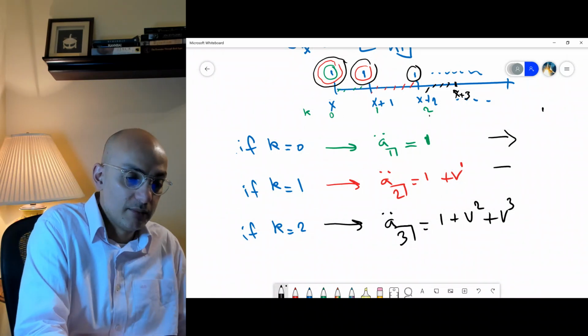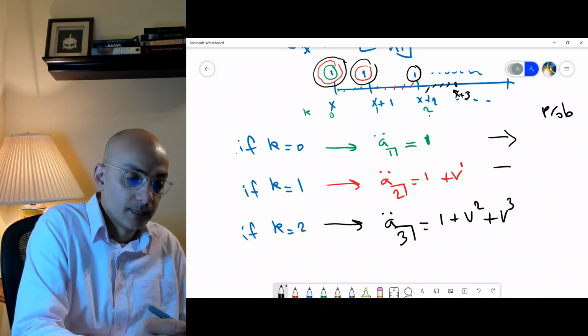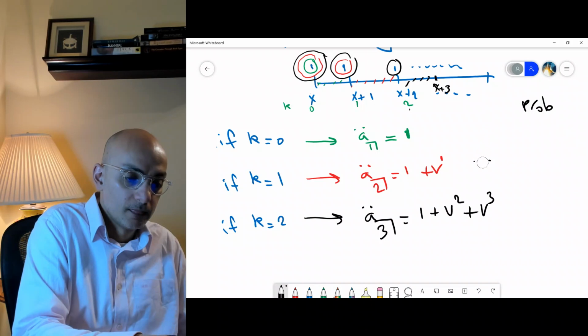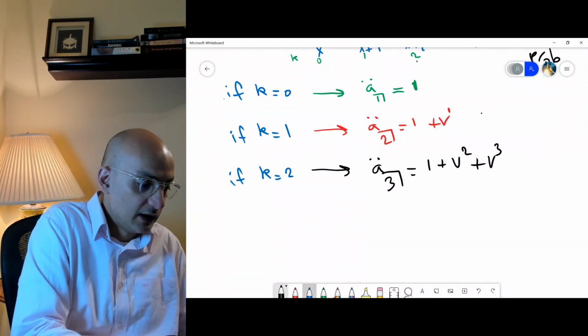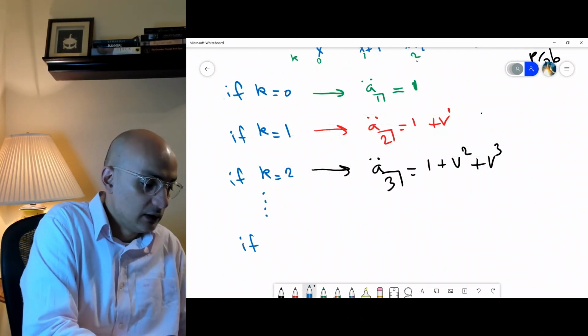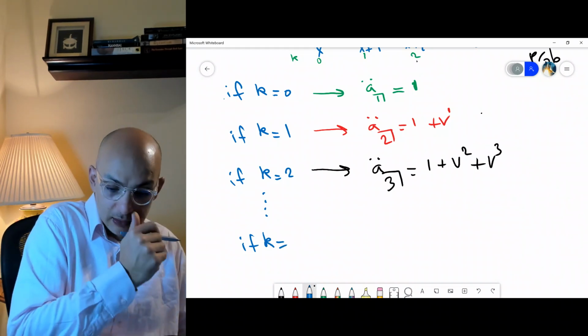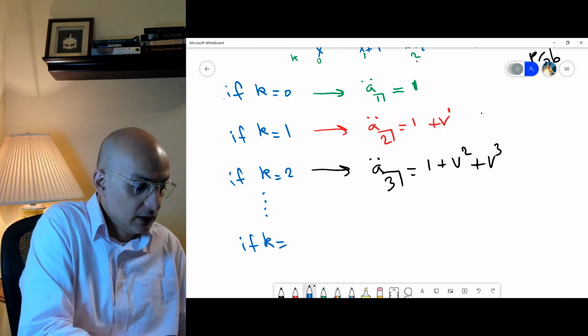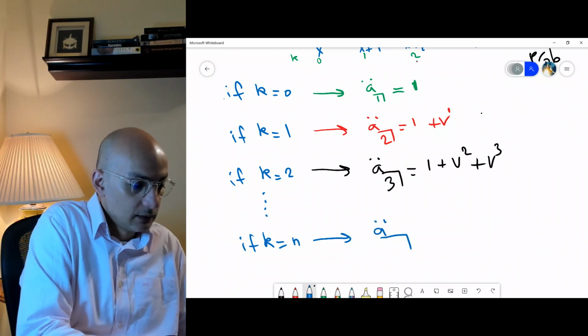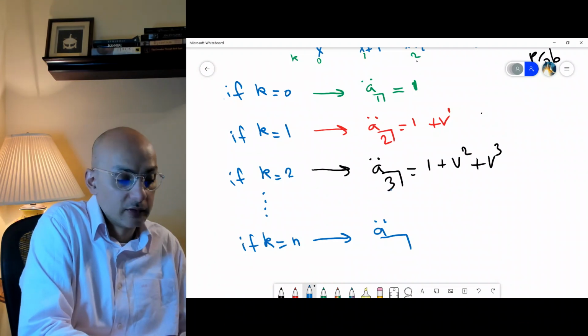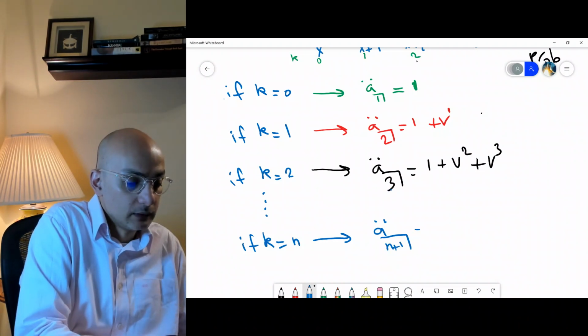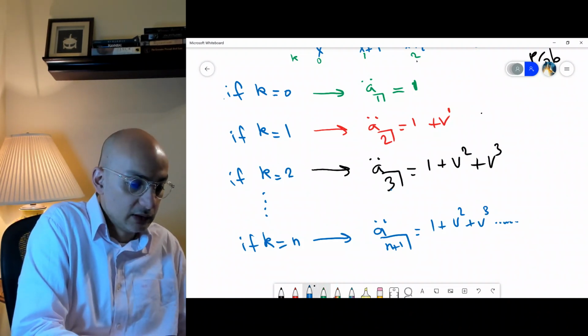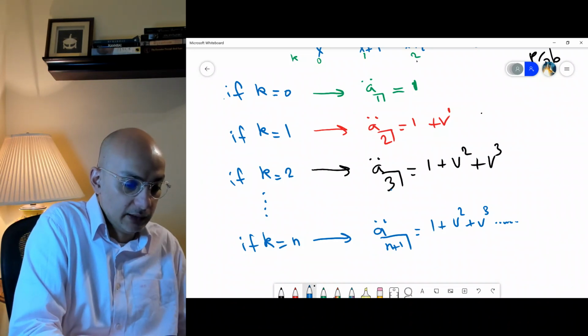Let's generalize it. If k equals any value, k equals n, this will be a. You add 1, so n plus 1: 1 plus v plus v2 plus v3.